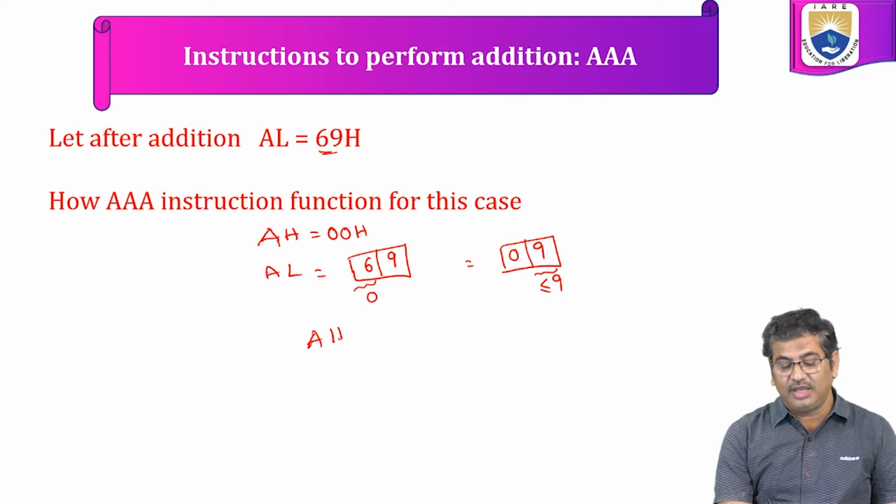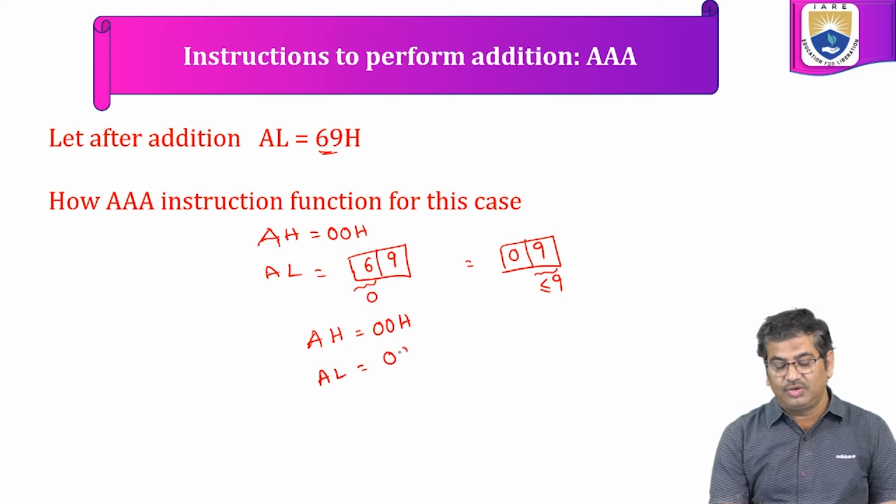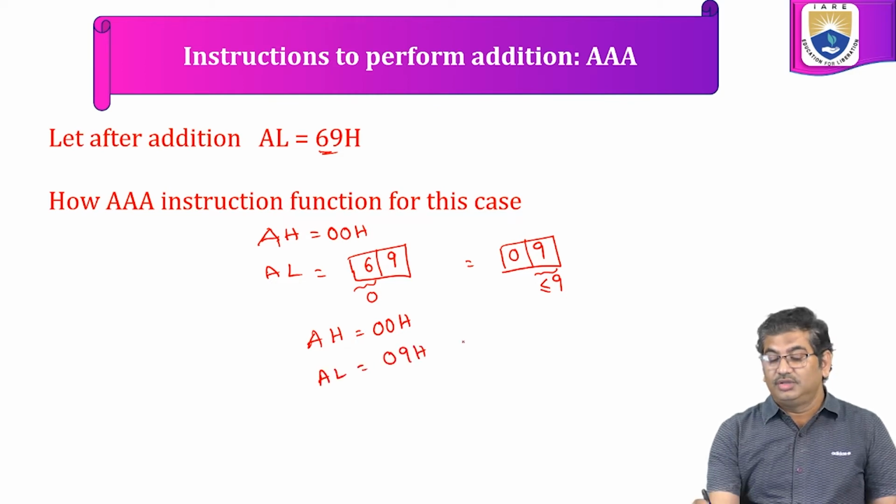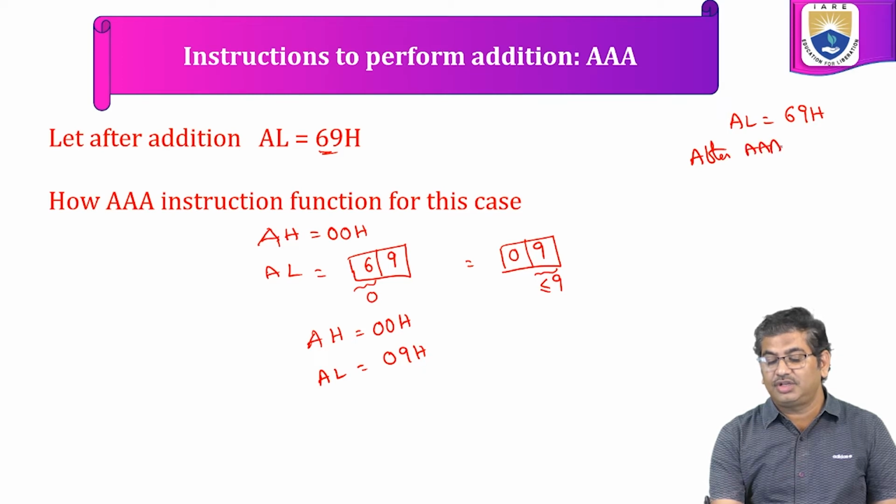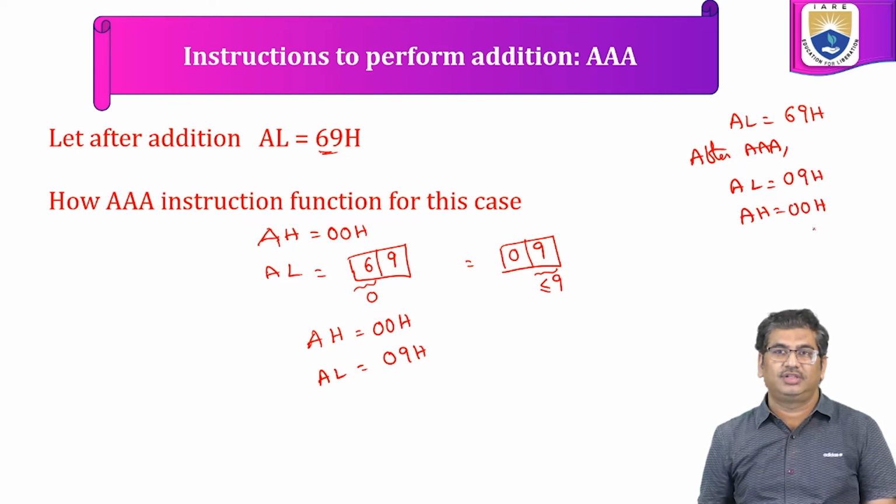As we cleared the AH register earlier, it is retained as 00H and the AL content is 09H. So if the AL content after addition is 69H, after executing the AAA instruction, AL is 09H and AH is 00H.